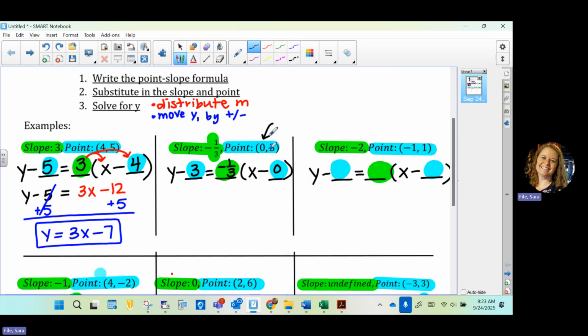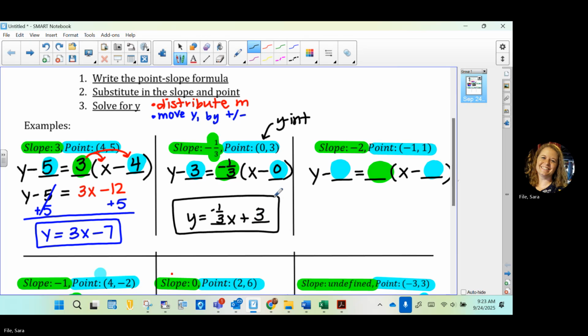So this is on the y-axis, isn't it? So this is my y-intercept. So I don't even have to start with this. I could go straight to mx plus b, couldn't I? So the slope is negative 1/3 and the y-intercept is 3. I don't even have to mess with this if I realize that that's my y-intercept.